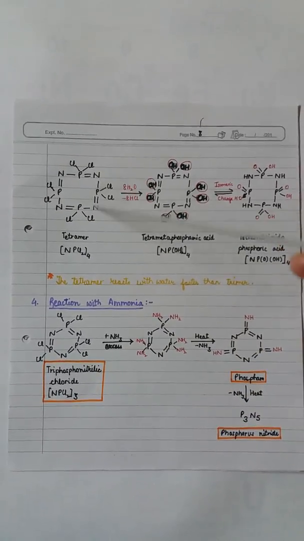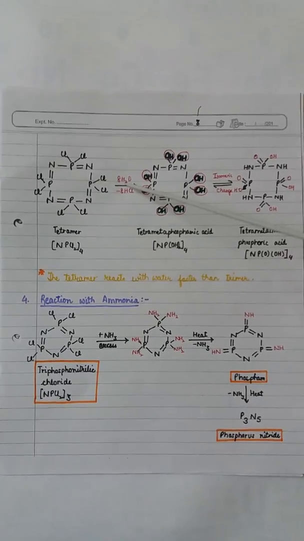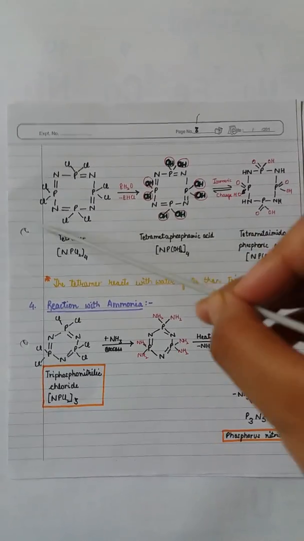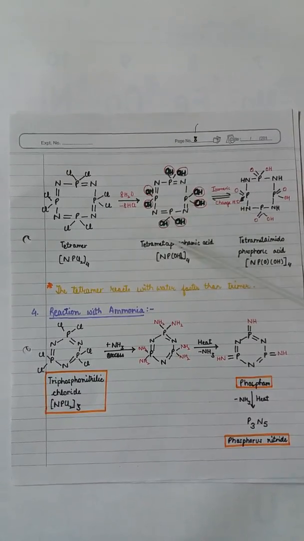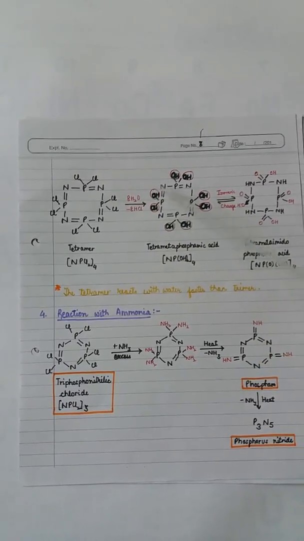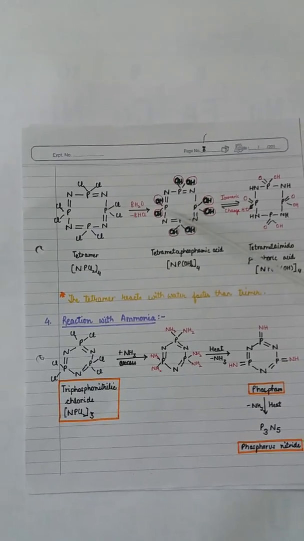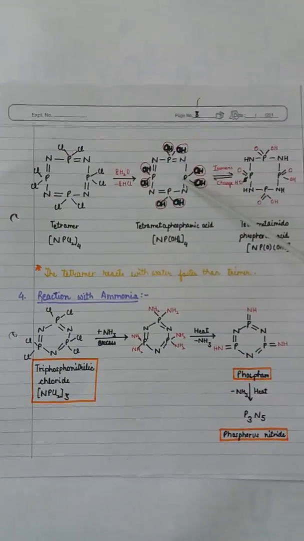In the tetrameric form, when we are providing it with water, all the chlorine atoms move out with one hydrogen atom of the water molecule, and OH groups replace the chlorine and attach to the phosphorus atom, two groups on each position.